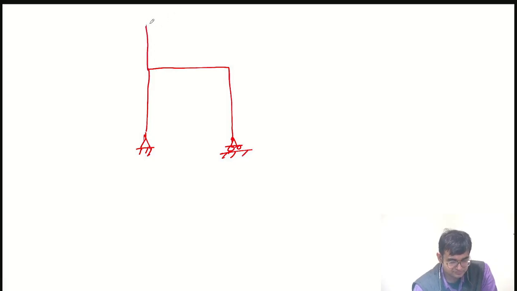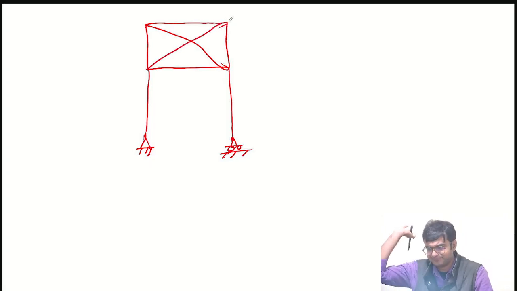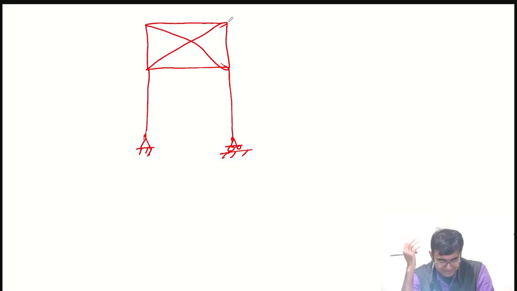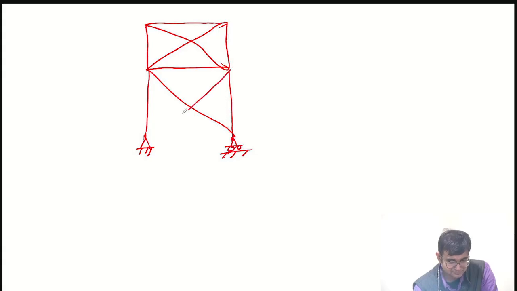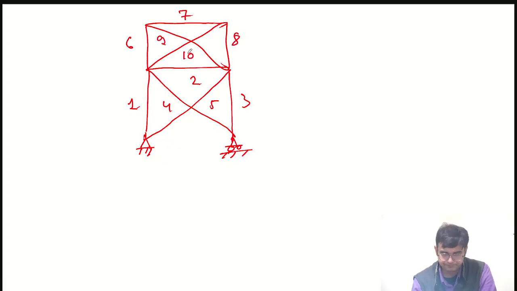And this, okay, and let's also add members because we don't have any work, so let's make it complex. Okay, how many members are there? Let me also add this one. Okay, so now let us number the members: 1, 2, 3, 4, 5, 6, 7, 8, 9, 10.